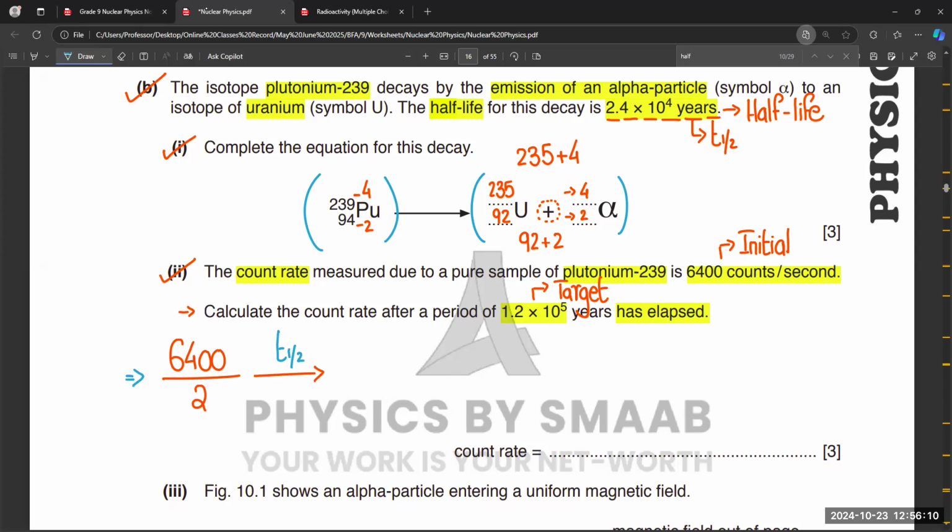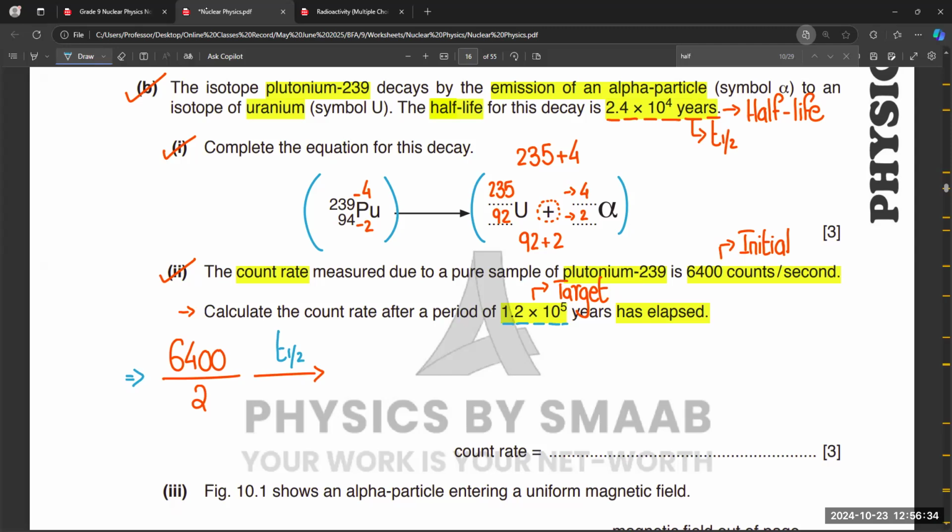So what are we supposed to find then? We need to find out after this targeted time duration, what will be the count rate after this year, right? We don't know exactly how many half-lives it will take to reach the value 1.2 exponent 5. So again, method is simple.